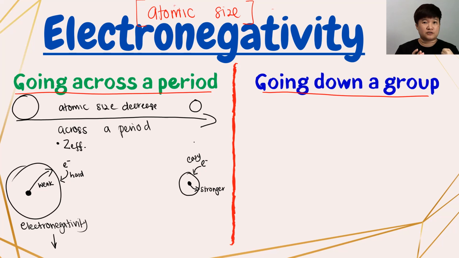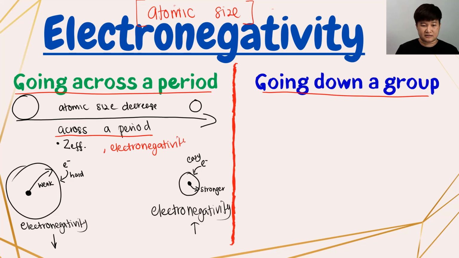So the force of attraction is very strong and the outer electron is very easy to be attracted into the atom. As a result, electronegativity increases. Therefore, when you move across a period, your electronegativity increases because the size of the atom decreases. Okay?